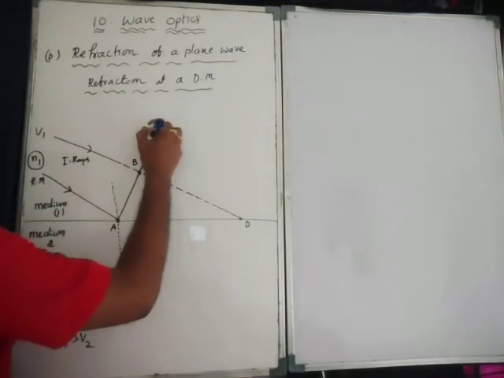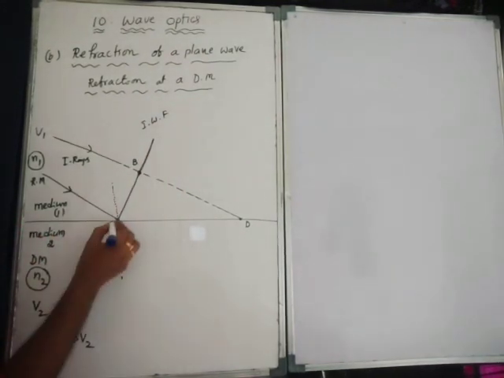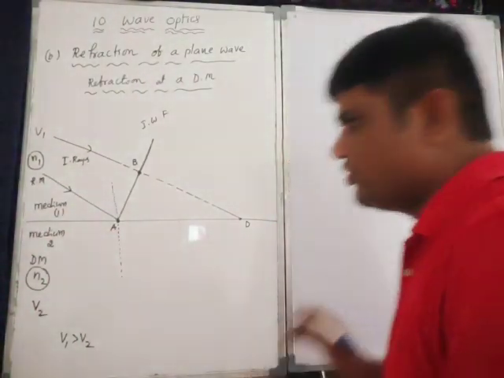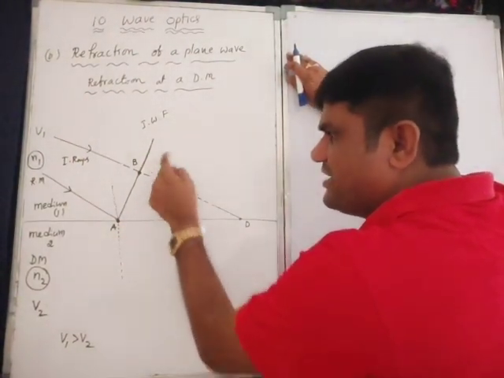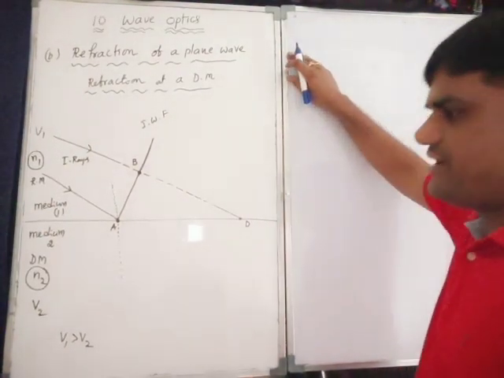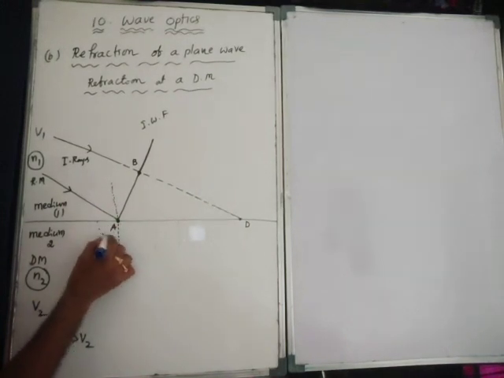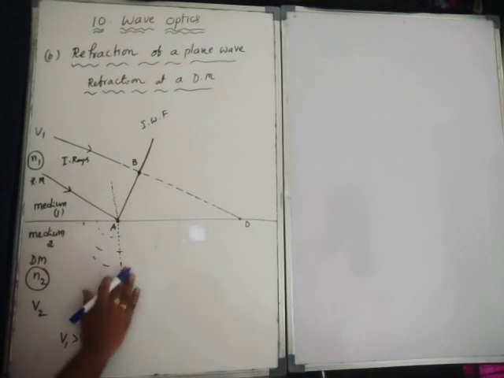This is the incident wavefront, and at point A, what would happen? The secondary wavelets can form, right? Yes or no? Each point on the wavefront gives secondary wavelets. So in this direction, this direction and this direction, an arc shape like that.